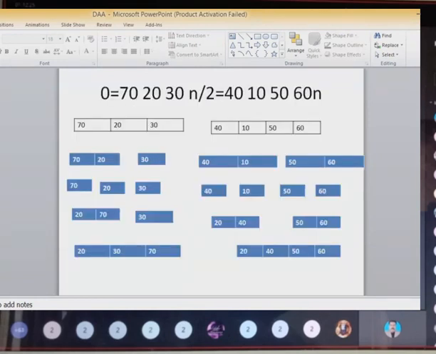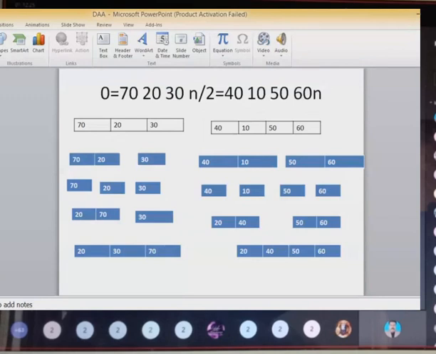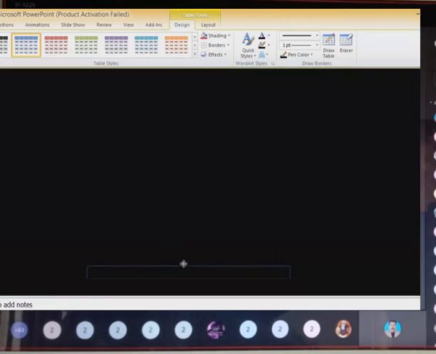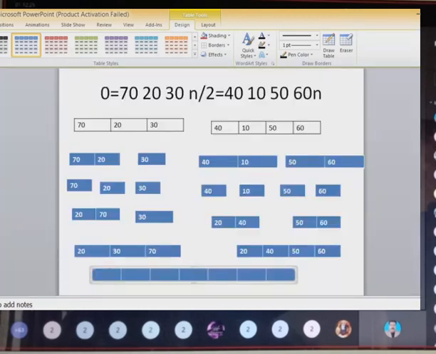Finally, combine these two arrays into a single array. The final value was 10, 30, 40, 50, next 60 and 70. Okay, this is the final merge sort.